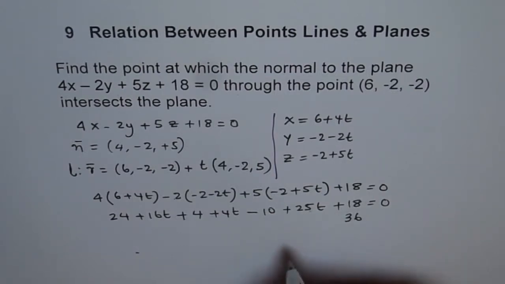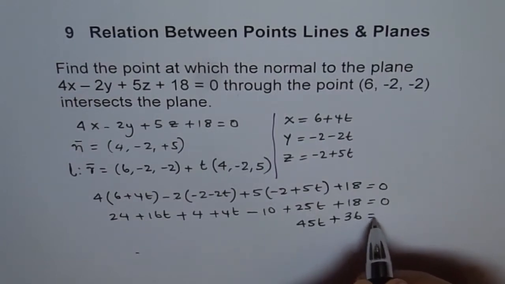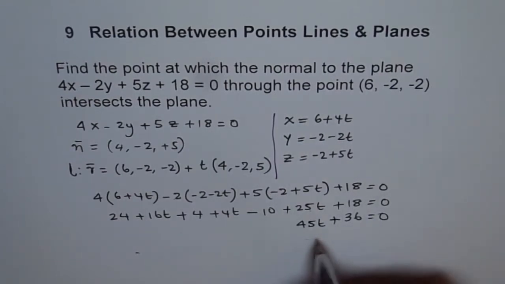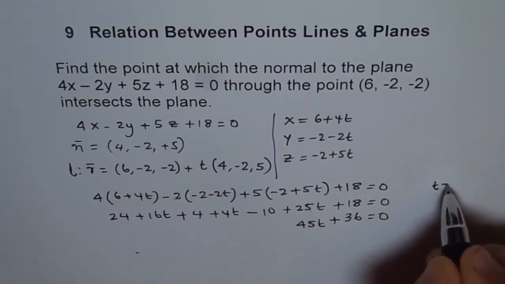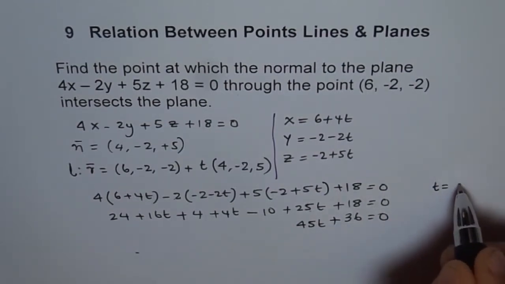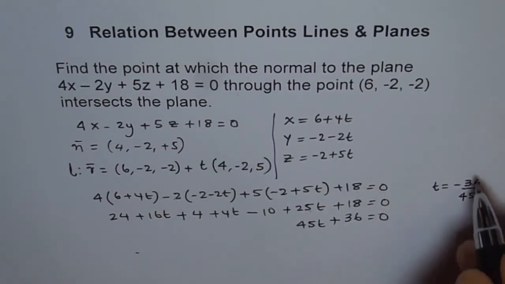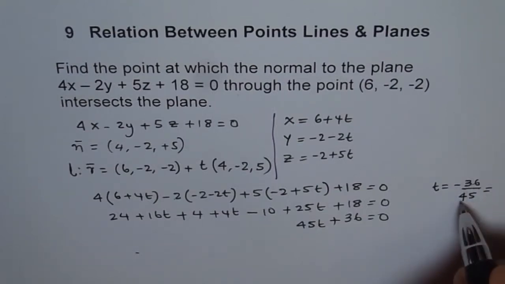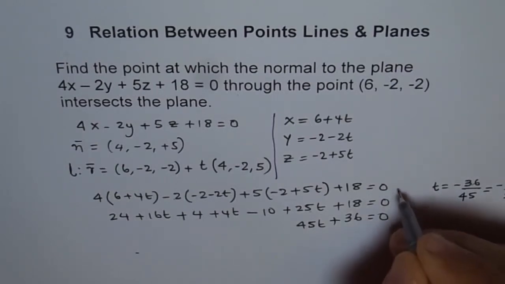So we get 45t plus 36 equals 0. Now we can solve for t. So t equals minus 36 over 45, correct? This can be simplified, both can be divided by 9, so we get minus 4 over 5. That's the value of t we have got.